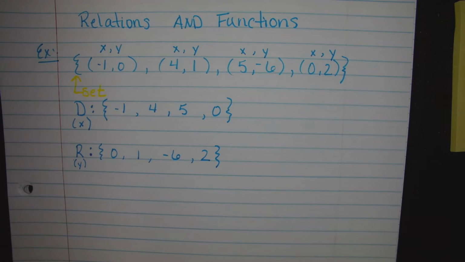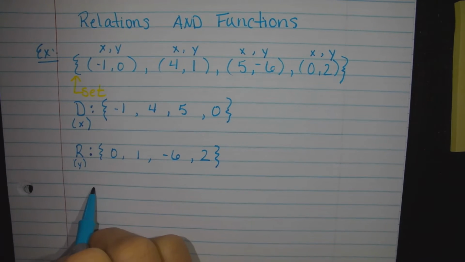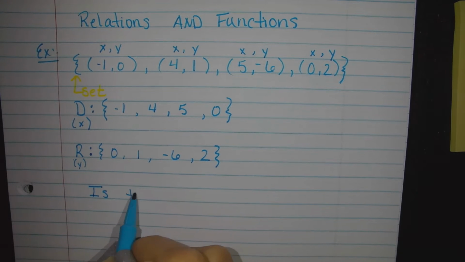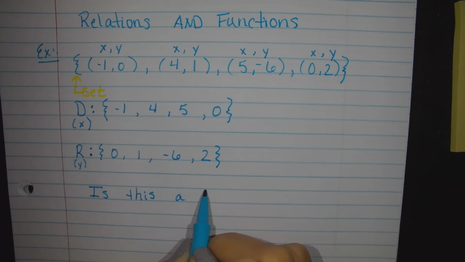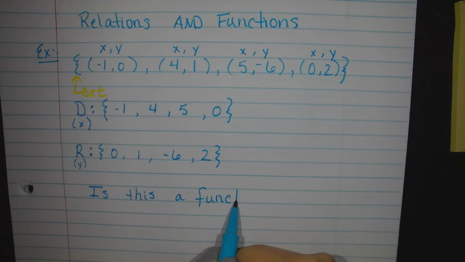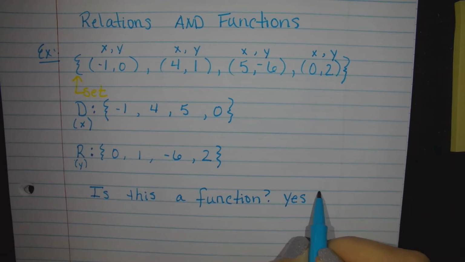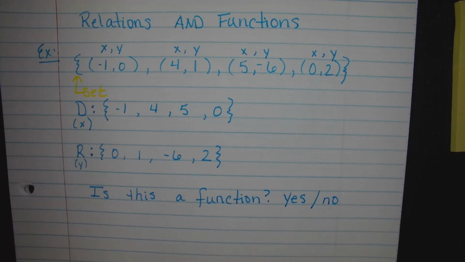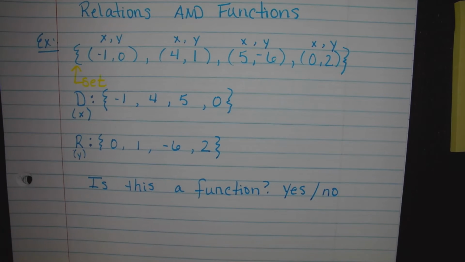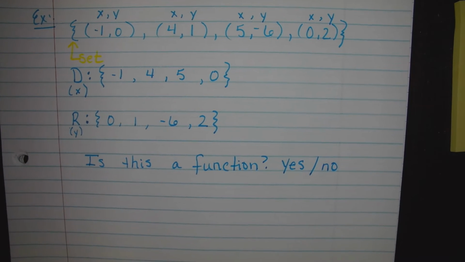Thank you, Tatum. All right, now, is this a function? You're simply going to say yes or no. I'm going to let you copy that, and then we need to talk about it.